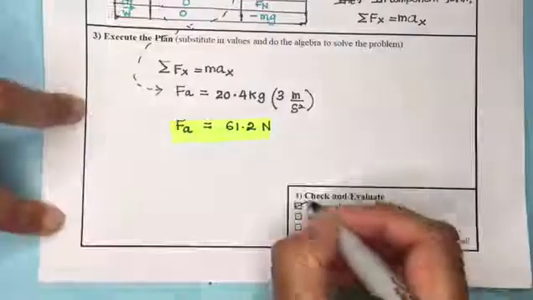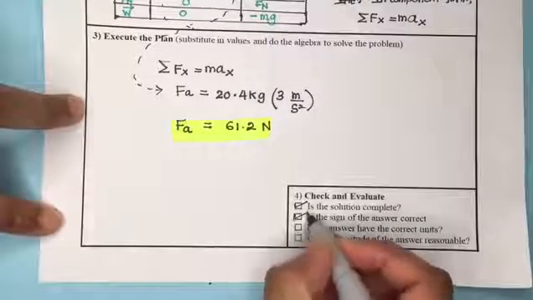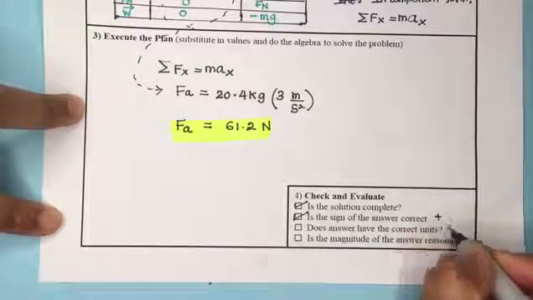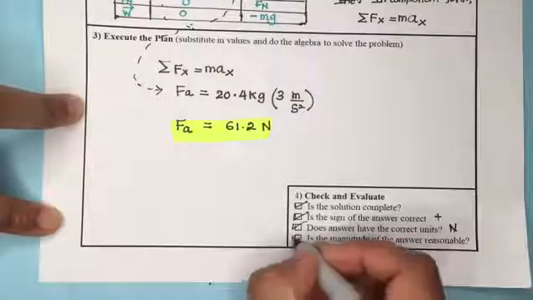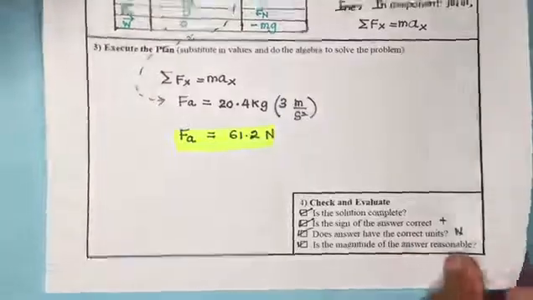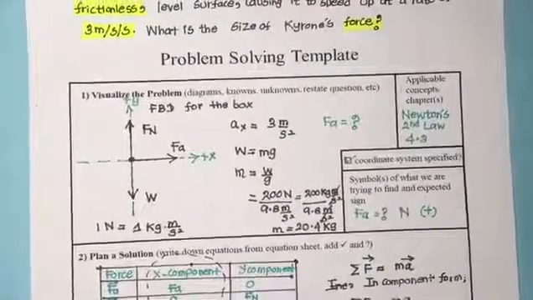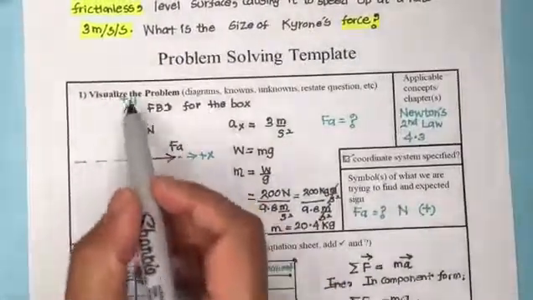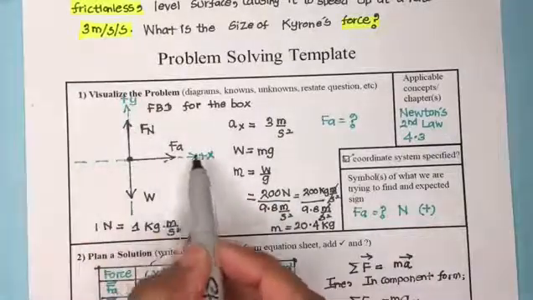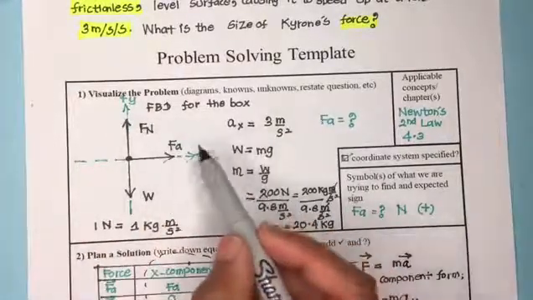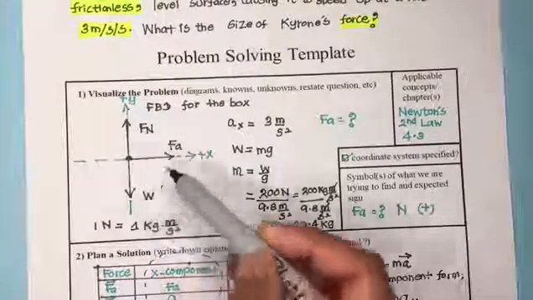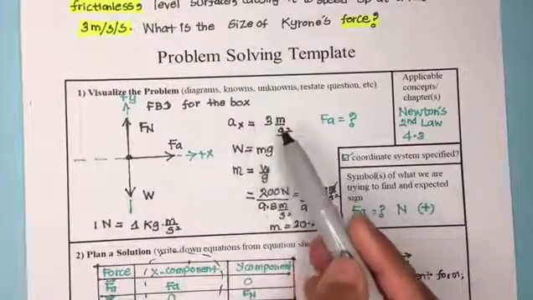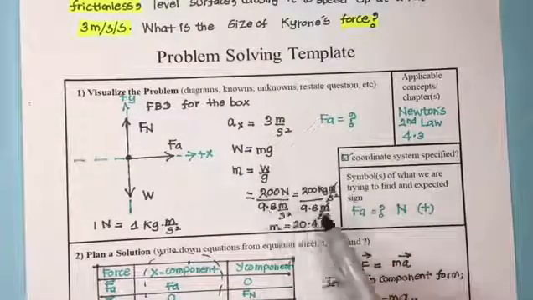And let's see, so we have the correct sign. In fact, we are actually interested in only the magnitude of the force applied, and it's in newtons and everything looks good. Now let's see the process. We visualized the problem. We started with the free body diagram, specified the x and y axis, positive x, positive y, and we paid attention to the relative magnitudes of the forces in the free body diagram.